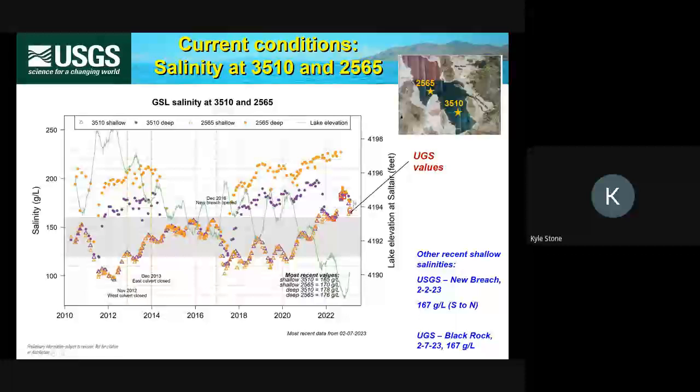Our values agree with the UGS values that have been measured, and also with measurements that we've made recently at the new breach, which is another monitoring location. As of February 7th, we were measuring surface salinities of 165 grams per liter for 3510 and 170 at 2565. So certainly coming down, and we would expect that they're continuing to be diluted.